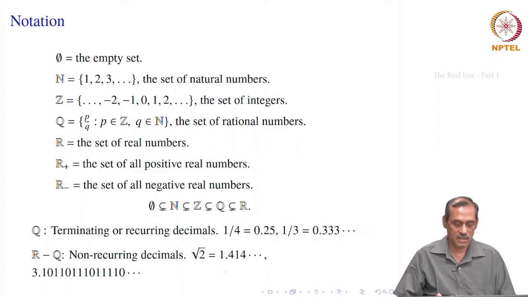So, these are the irrational numbers. For example, if you take root 2, you get 1.414 and so on, it will never repeat, no digit will be repeated there. And take another example, 3.1011011101111 and so on. Here there is a pattern, we have just written the pattern to show that something can be done, but it is not repeating. So, it is an irrational number.